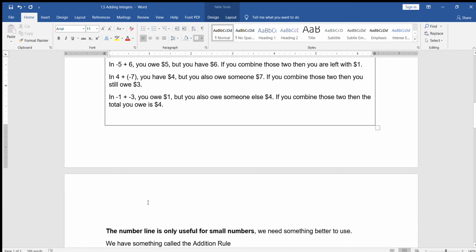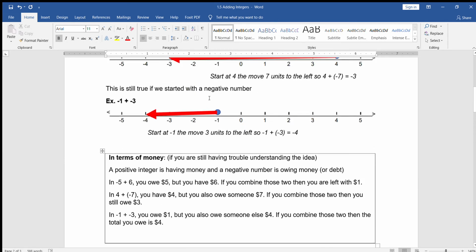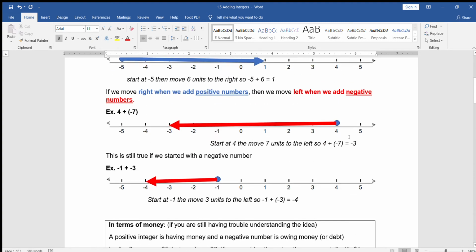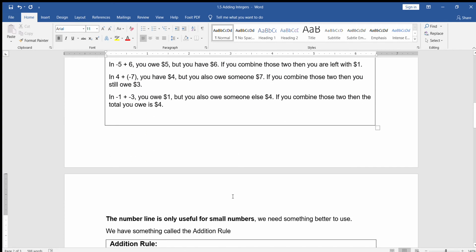Okay, moving on. The number line, as shown in these examples, is only useful when the numbers are small.